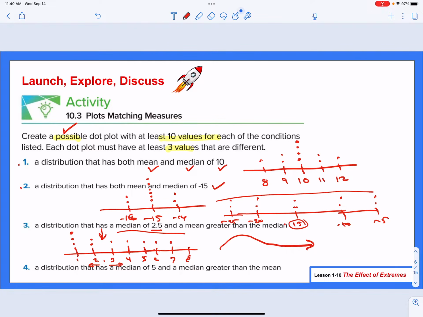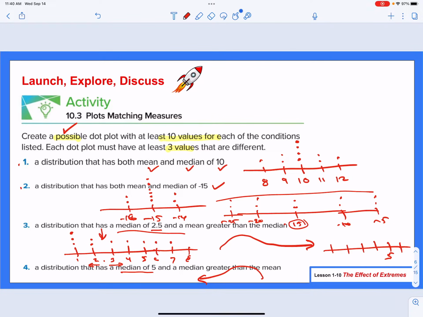The next one says a distribution that has a median of 5 and a median greater than the mean. Okay, so if the median is going to be greater than the mean, now we're going to want to skew the data to go to the left, right? So you do the same idea that you did before, but now we're going to want to make sure that our median's at 5 and the other ones go the other direction. So we're going to go 1, 2, 3, 4, 5, 6, something along these lines, right?